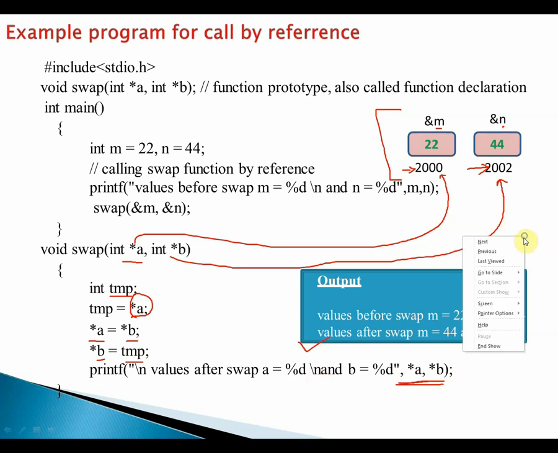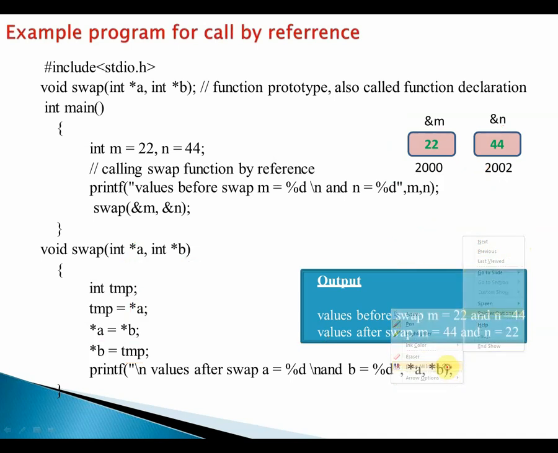Alright, now as I have mentioned in the previous slide, the two types of parameters, formal parameters and actual parameters, both basically are stored in the same memory location. So how does the swapping happen?